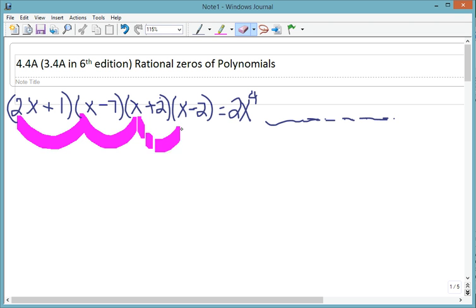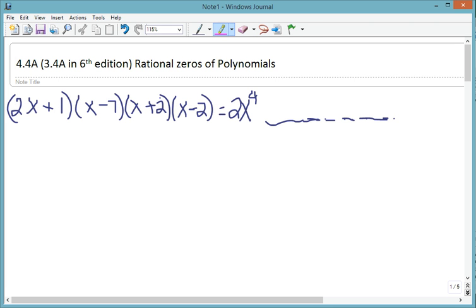But I know that the last number is going to be these numbers multiplied together, the constants. So this is going to be 1 times negative 7 times 2, that'd be negative 14, times negative 2, that'd be positive 28.